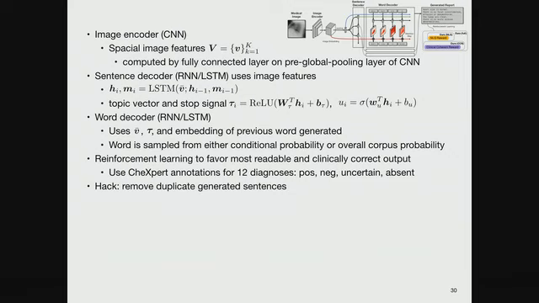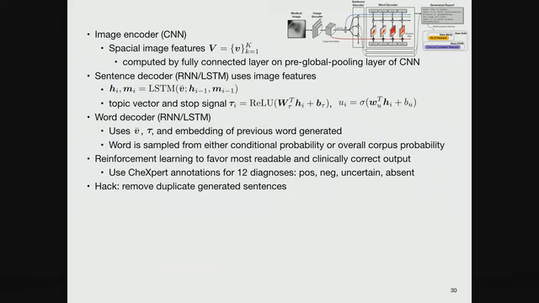So the encoder takes a bunch of spatial image features. The sentence decoder uses these image features in addition to the linguistic features, the word embeddings that are fed into it.